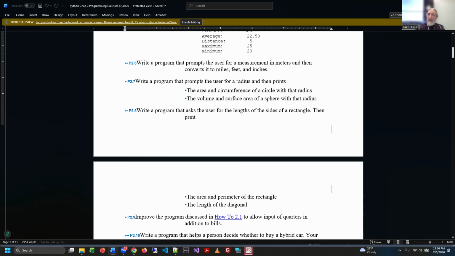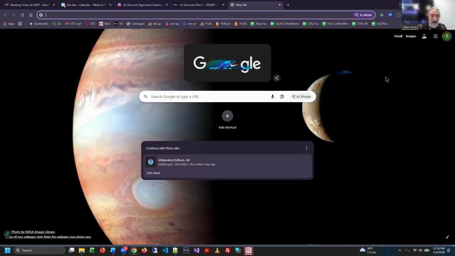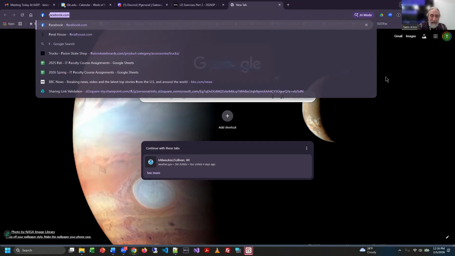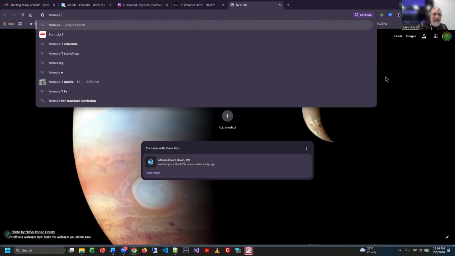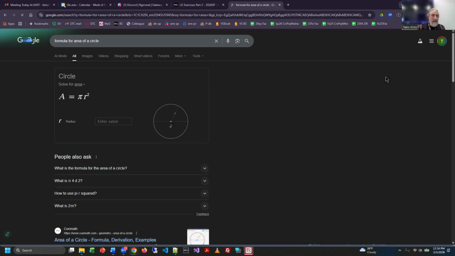And truly, what I always recommend to my students is, for example, search for the formula for area. Notice, thank you, Google. Area of a circle, right? There's your formula. So the area of a circle equals pi times r squared.